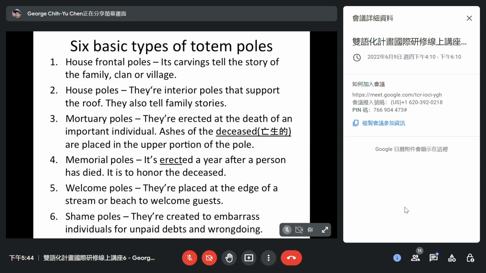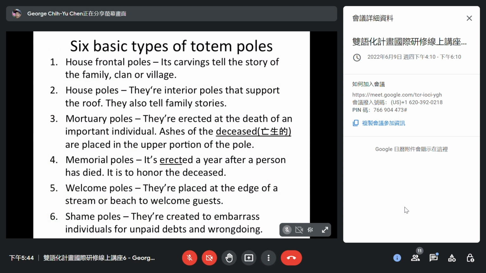They are erected, erected means 树立, at the death of an important individual, and the ashes of the deceased are placed in the upper portion of the pole. Ashes means 骨灰, and portion means 部分. That is mortuary poles.